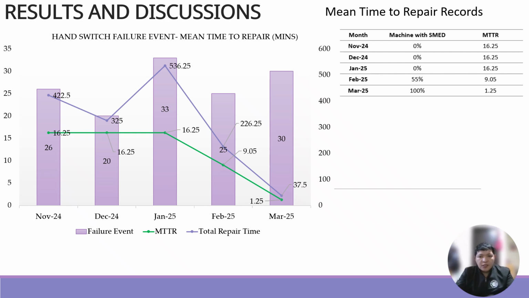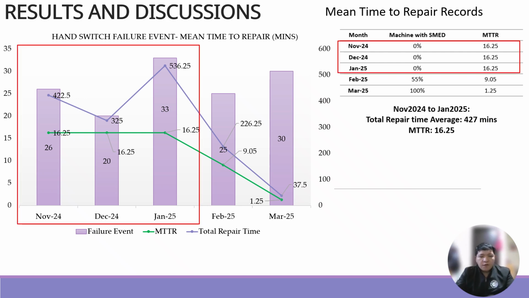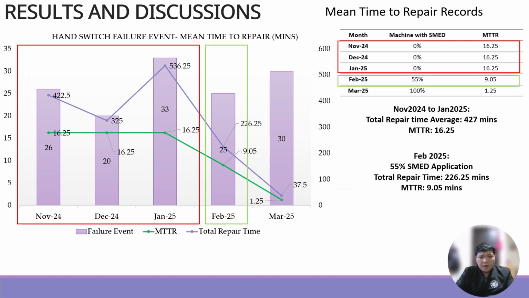For the month of November going to January 2025, the total repair time of the machine averages 427 minutes: November is 422, December is 225, and January has 536. And its MTTR, respectively, is 16.25 minutes. So this event has no application yet of the SMED, right?